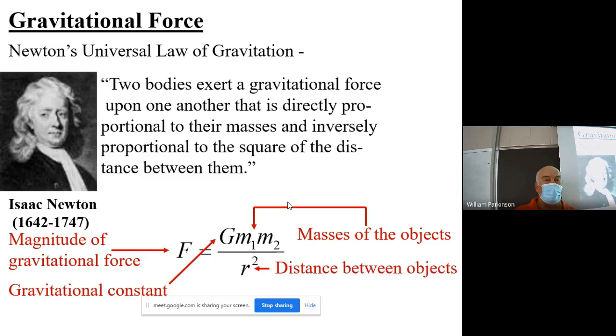So if you move them 1/3 of the distance they originally were, the gravitational pull they exert on each other is 9 times as big because of that factor of 1/3 in the denominator of this expression. That's what we call an inverse proportionality. Whatever you do to the R number, the inverse effect occurs on the F number because it's in the denominator of the expression. So that's how the numbers would work with regard to this.